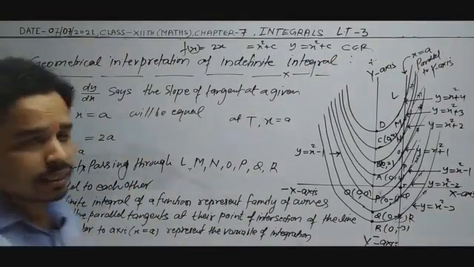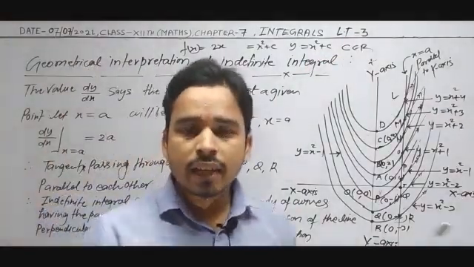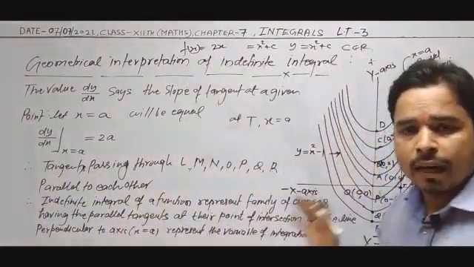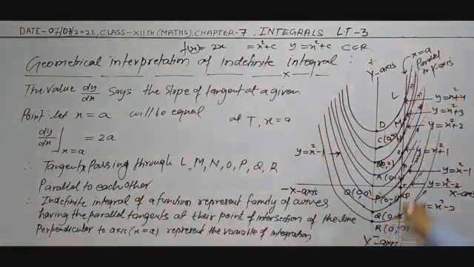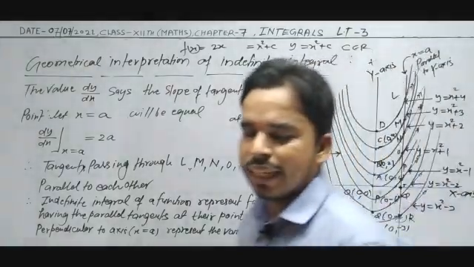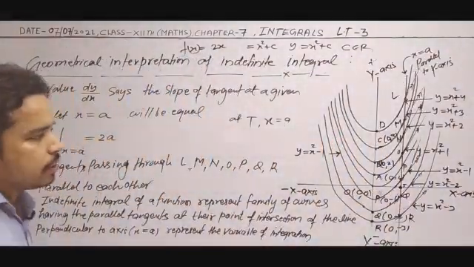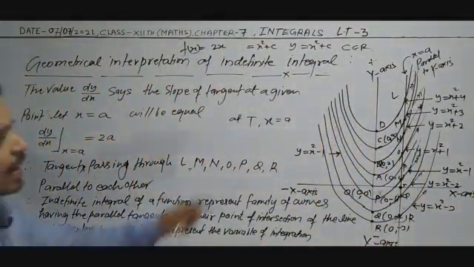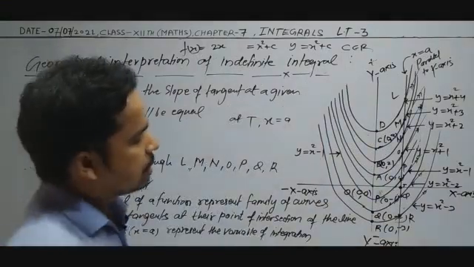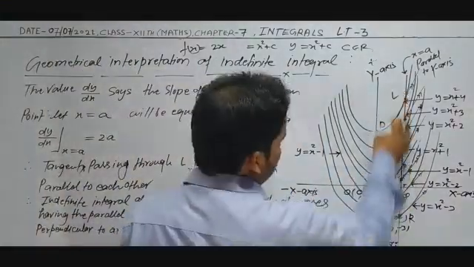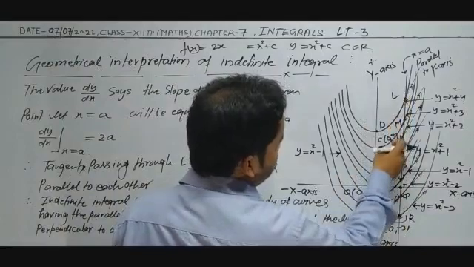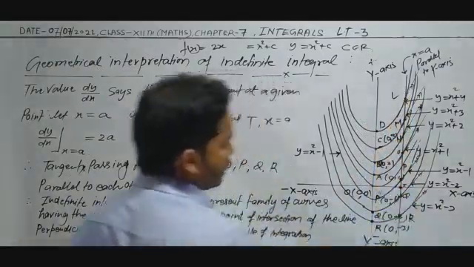What is x is equal to a? x is equal to a is the line parallel to the y axis and passing through the point (a, 0). So we have drawn the line parallel to the y axis passing through the point (a, 0), and this line will intersect or cut the parabolas at the points L, M, N, O, P, Q, R, S, and so on.